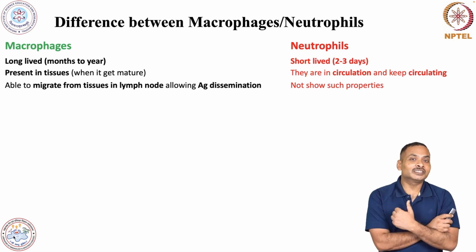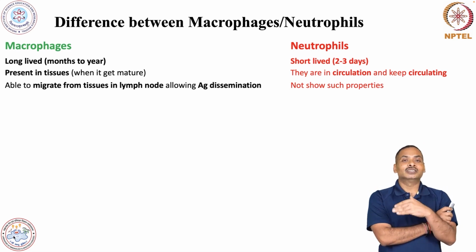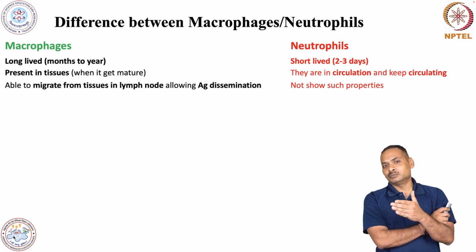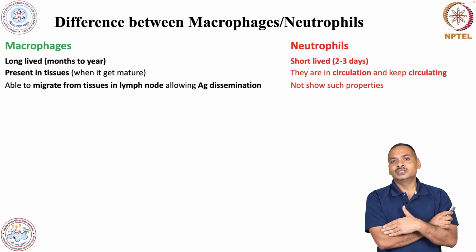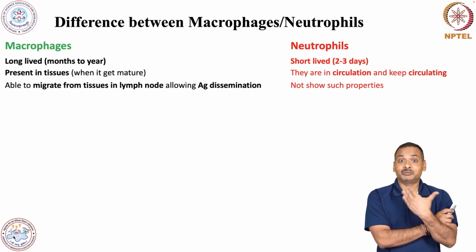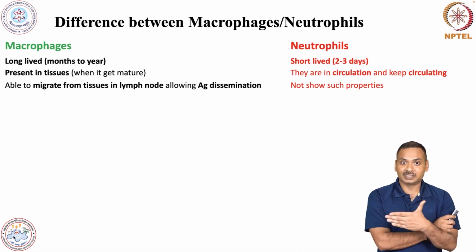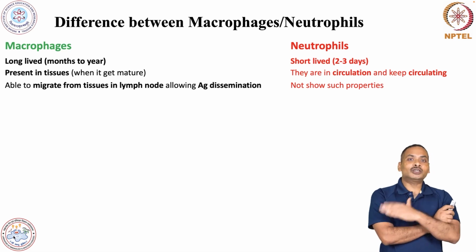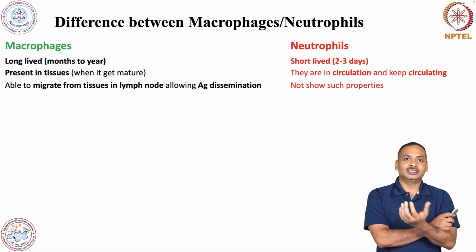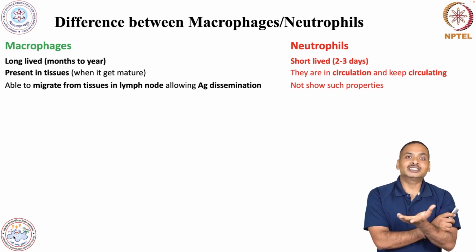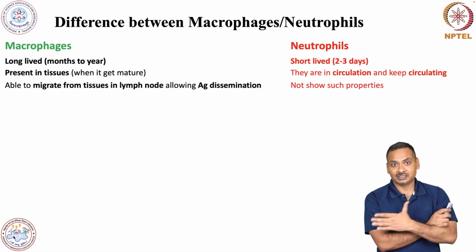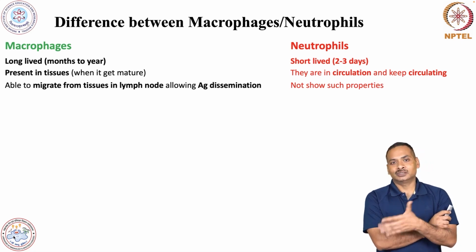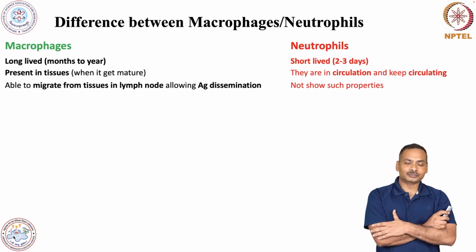This dissemination is very important, because if the antigen is not disseminated, it will be difficult to induce an antigen-specific adaptive immune response, that is, a B cell and T cell mediated immune response. So macrophages are very good at taking up antigen and disseminating it to the nearest lymph node, but neutrophils don't show such a property.